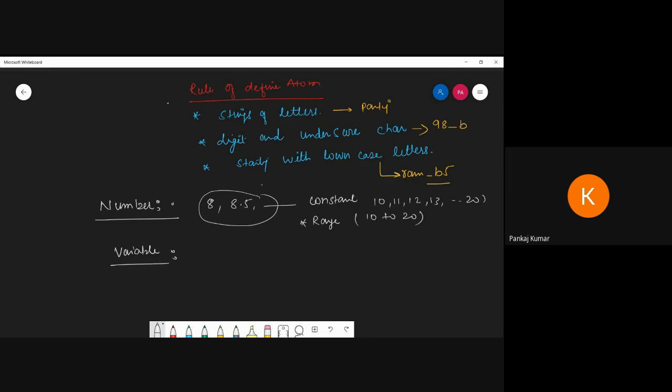Okay, these are the variables. How can I define a variable? Variables we have to define in a simple way. It can be a variable string of letter.